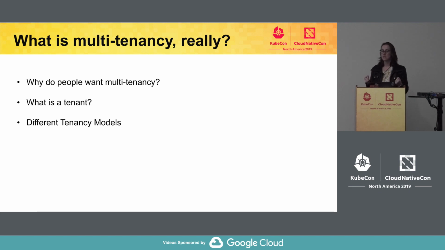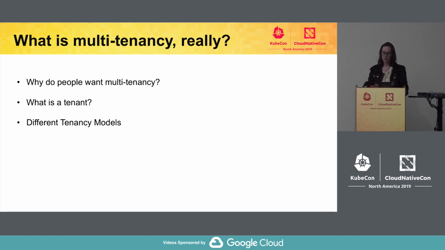In a lot of cases, we see clusters shared internally between different teams or organizations, but we also talk to people running a Kubernetes control plane as a multi-tenant service that they sell to end users, and they need significantly different controls depending on what level of access they give to the API control plane.